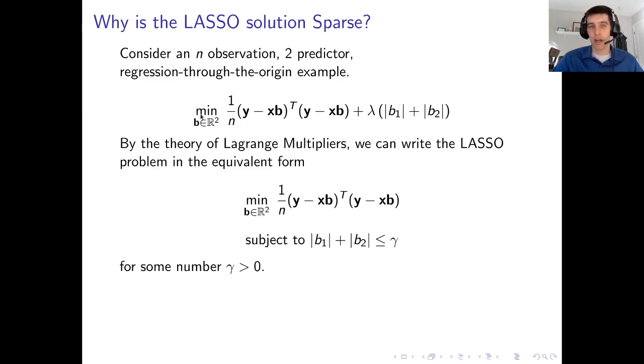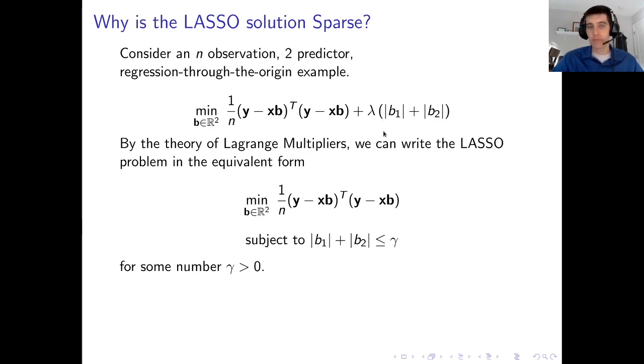So here this b is in R^2, right? We're only estimating two values here, and regression through the origin means that we have two predictors, two values, we don't have a third value for an intercept. So we have a mean squared error plus, and here I've just written out the one norm, the sum of the absolute values of the entries of the b vector.